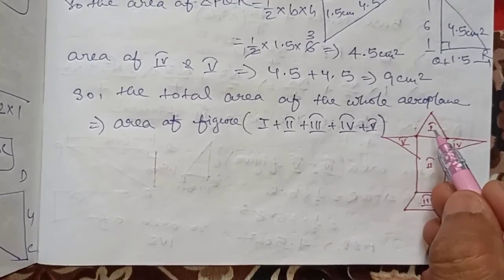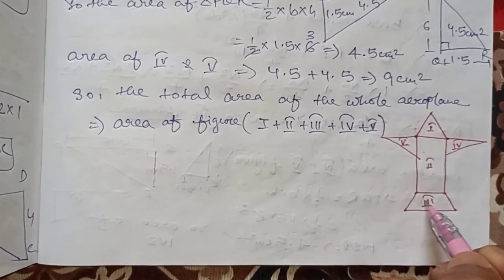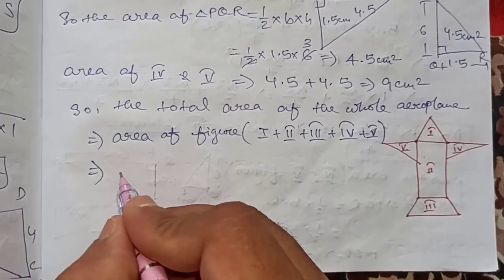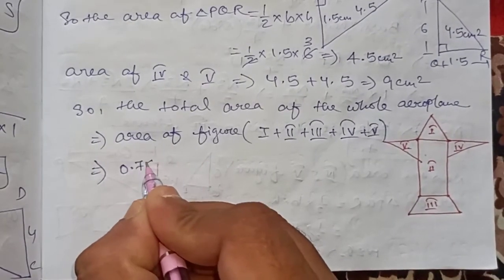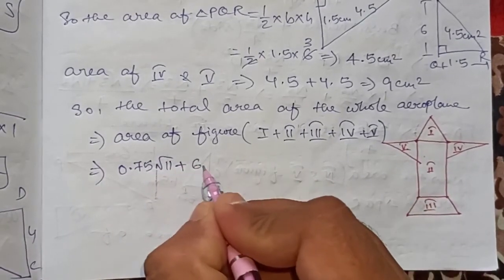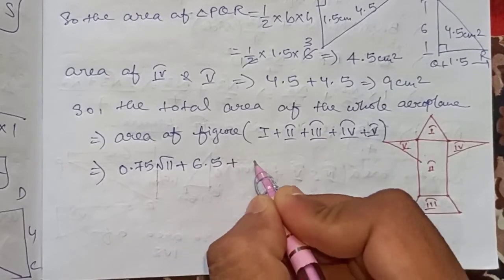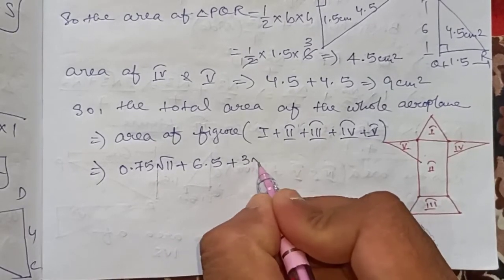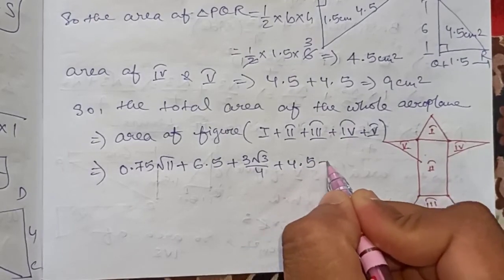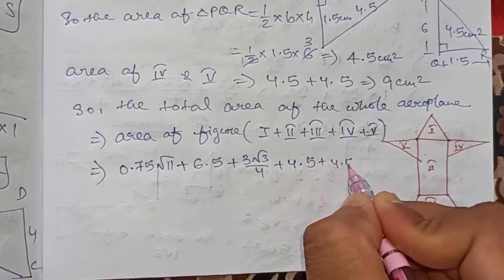If we add all the areas, we will get the area of the whole aeroplane. The area of the first figure we got 0.75 root 11, plus the second figure 6.5 centimeter square, plus the third figure 3 root 3 by 4, plus the fourth figure 4.5 and the fifth figure 4.5.